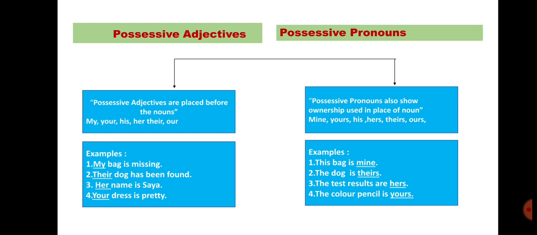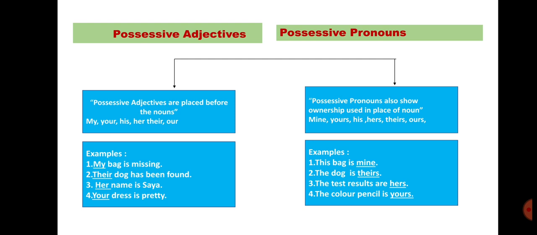Whereas possessive pronouns also show ownership, but they are different. At one point you might see that possessive adjectives and pronouns are the same, but no, there is a difference between them. See the examples. The possessive adjectives are my, your, his, her, their, and our.